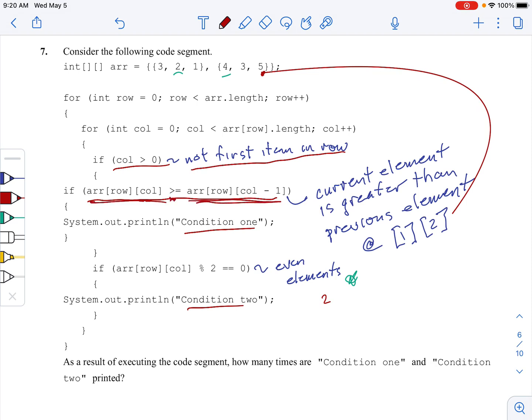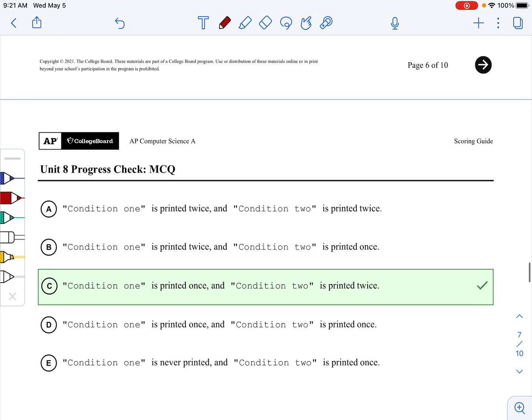Well, the only time that happens is at 1, 2, that 5. The current element is greater than or equal to the third element. That's the only place. So this only happens once. And this asks how many even elements are in that array. And there's 2 even elements, 4 and 2. So that is C.